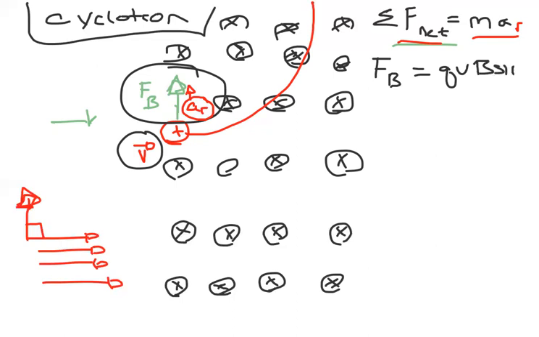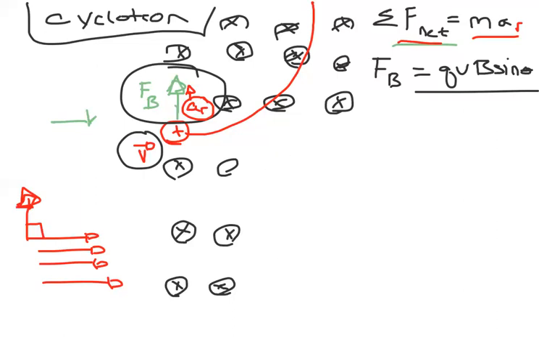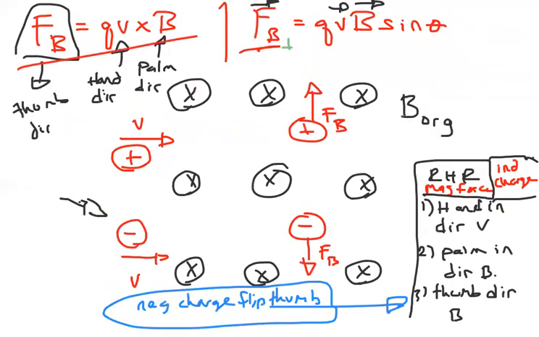Now remember, you want to use this equation if you have to do the mathematics. Don't use QV cross B, because if there's some freaky angle going on, you'll never be able to do it in here. Always start here.